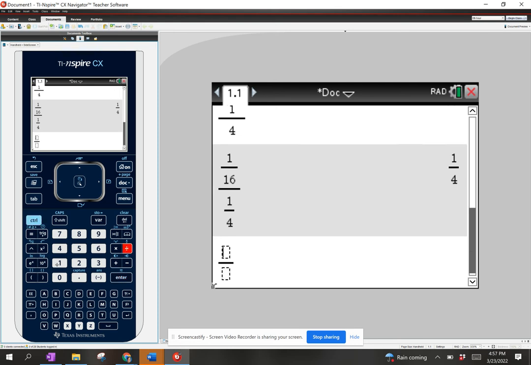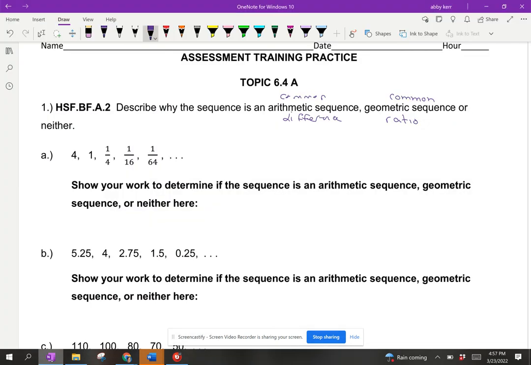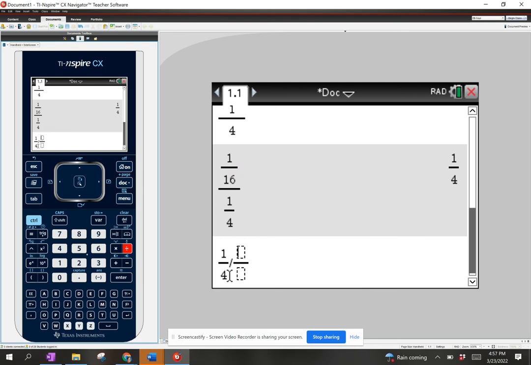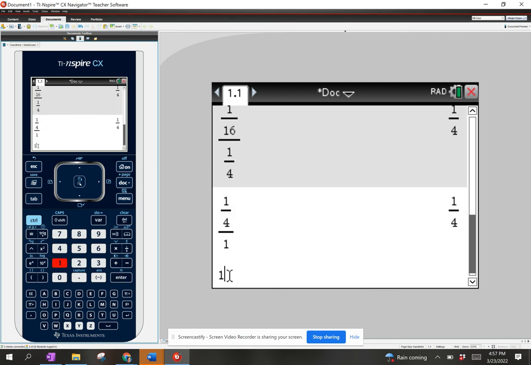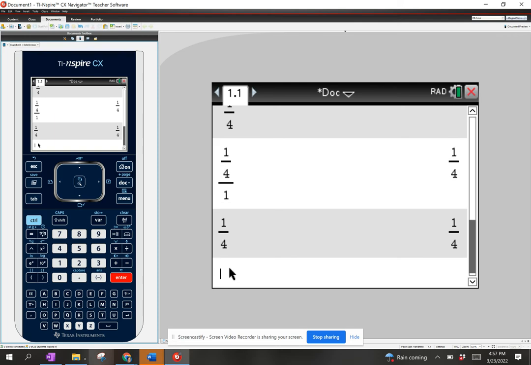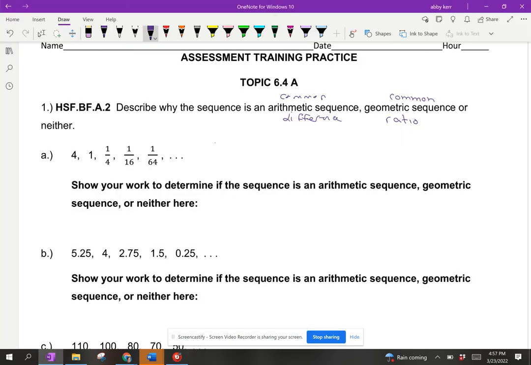Then you're going to do 1/4, the divide key in between, and control divide, and then you're going to get 1. So since it's a common ratio, it will be 1 over 4. So then it's geometric. And then, of course, you would explain.